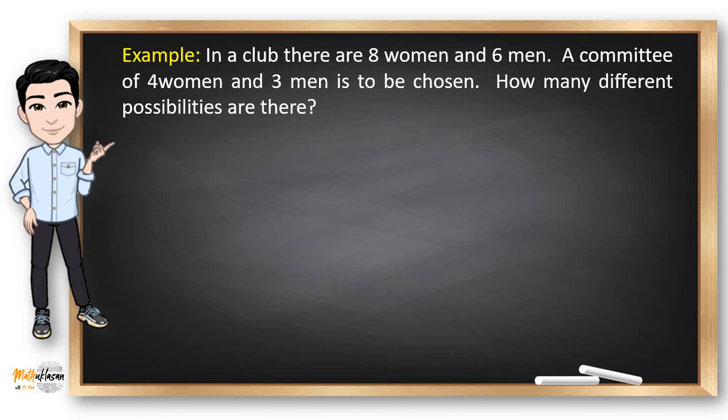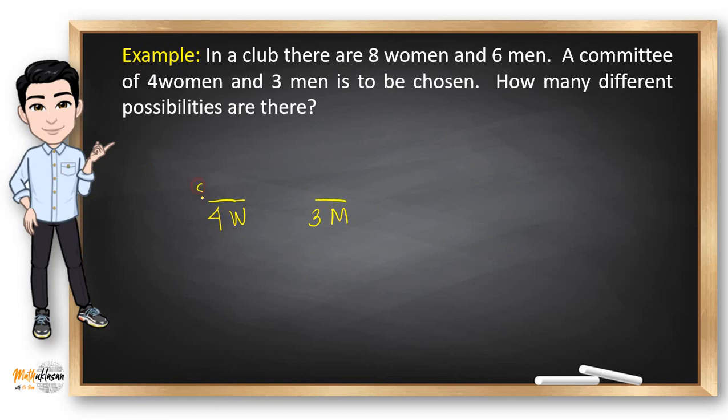So for this problem, we actually have two possible events, and that is choosing the 4 women first from the set of 8 women, and the other event is choosing 3 men. By the counting principle, this is the first event, while this is the second event. Now, the formula for us to get 4 women out of 8 women is the combination rule, because as you can see, the order is not important when we choose this group of women from 8.